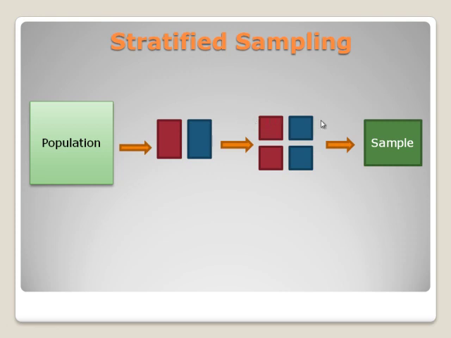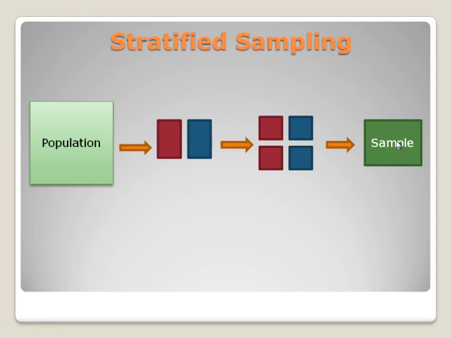After that, the groups will be separated into more subgroups. Let's say we have 4 subgroups. Then the samples will be randomly selected in each subgroup and afterward combined into one. Hence, our samples in the 4 subgroups will be combined into one.